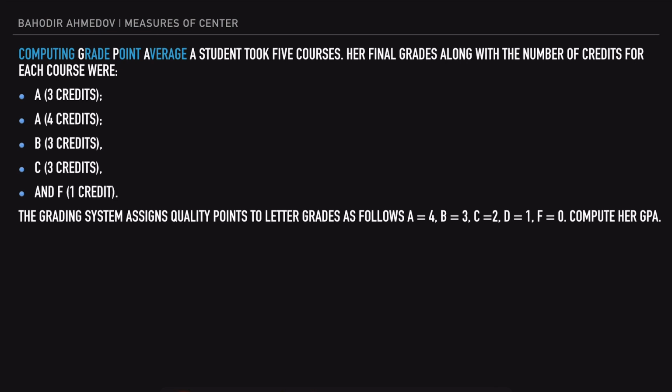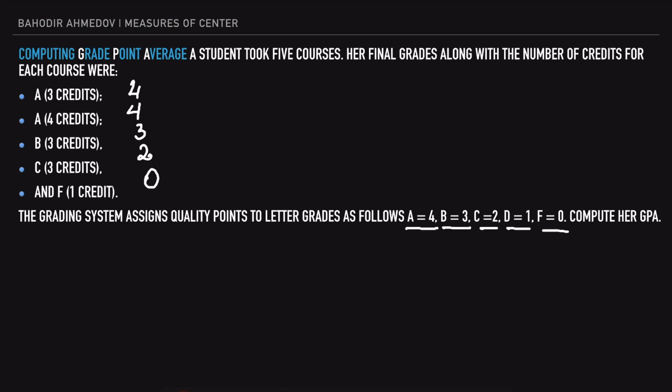The values of each of the letter grades are given in this way: A is 4, B is 3, C is 2, D is 1, and F is 0. So she took 4, 4, 3, 2, 0.